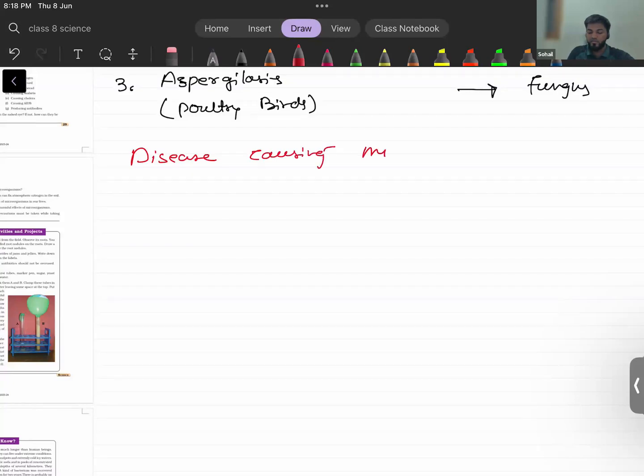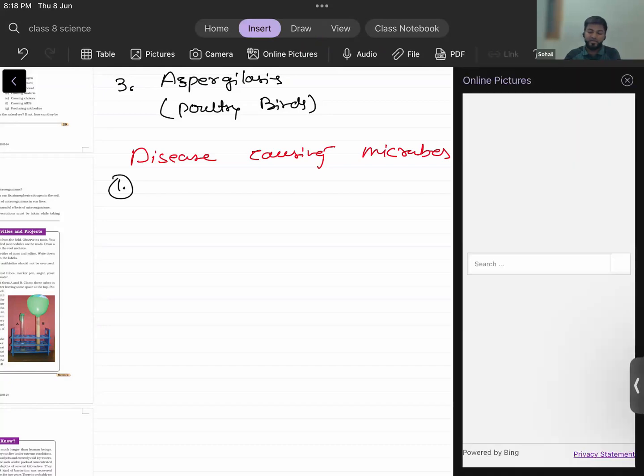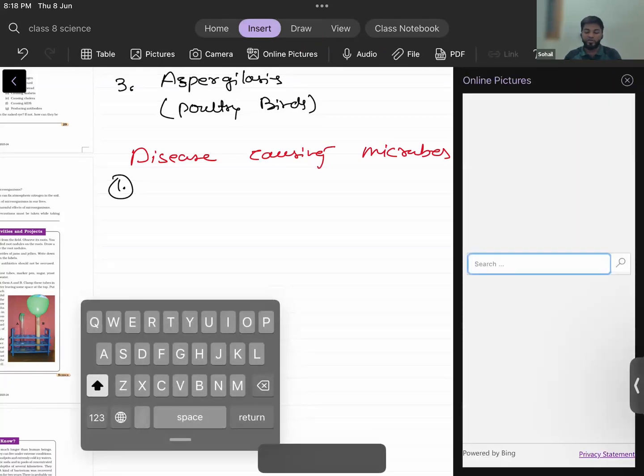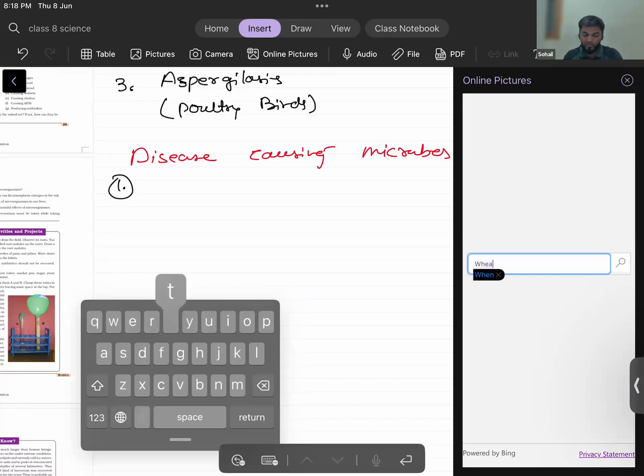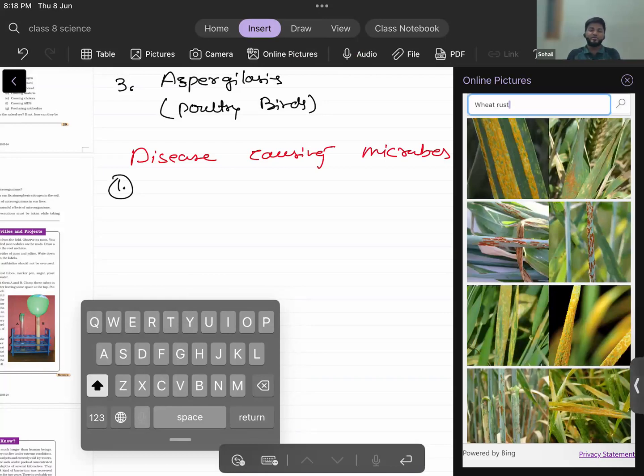If you see a wheat plant, many times you will see that the wheat plant starts to rust. You know what rust is? How a metal object rusts, similarly a wheat plant also rusts. See the figures here. See the first figure.